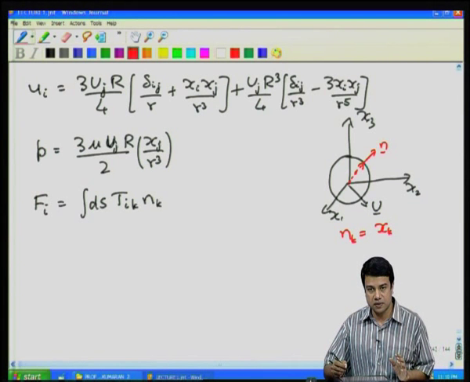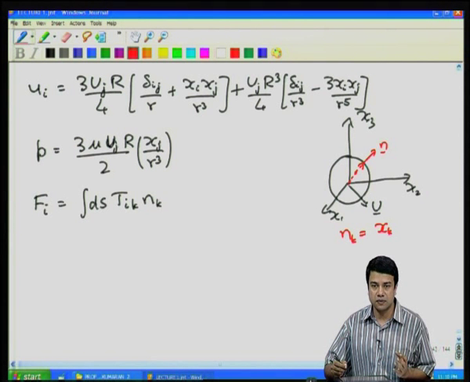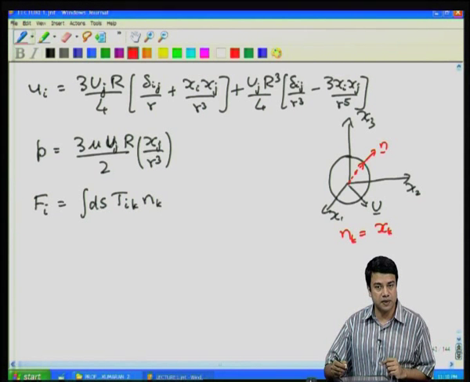Recall that when we use indicial notation, x_k has a summation as well as unit vector. So, it is equal to x_1 e_1 plus x_2 e_2 plus x_3 e_3. That is the position vector at the surface. Of course, the unit normal has to have unit length. That means I have to divide by the magnitude of the position vector to that point on the surface. Note, I am placing my origin at the center of the sphere.